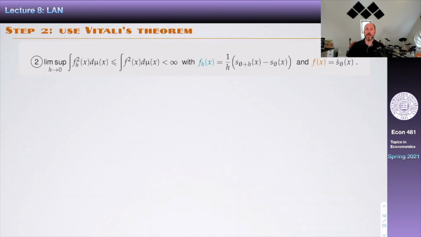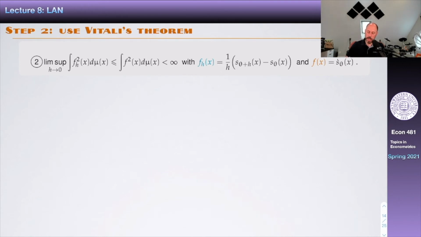Okay. So let's do this. This is what we want to prove, this inequality, which is the second condition in Vitali's theorem. And we're going to do this by using f of h defined like this and f defined like this, which are the two objects that we showed converge pointwise.